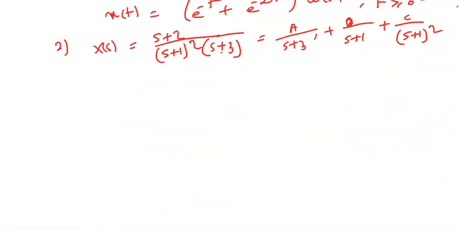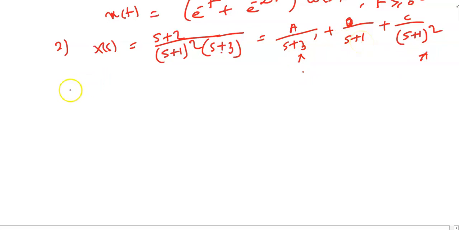So whenever there are repeated terms, we can write the partial fraction this way, that is, for each repeated term we have to add one term. Same way, but remember, you can directly find this one and this one, but not this one.